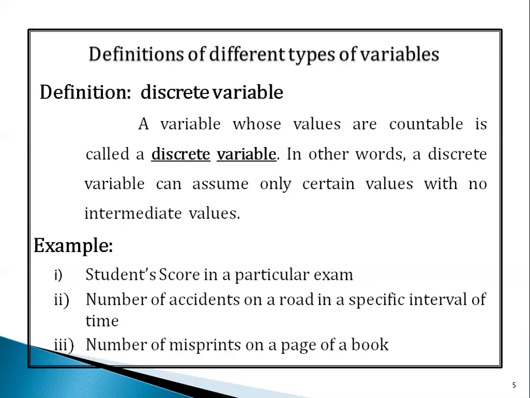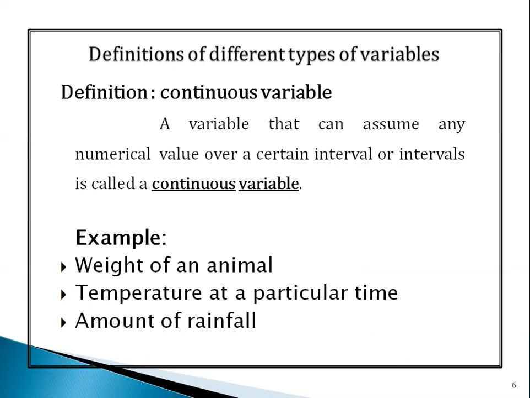A discrete variable can assume only certain values with no intermediate values, isn't it? For example, students' scores in particular examinations, number of accidents on the road in a specific time interval, number of misprints on a single page of a book. That type of data is called discrete type of variables.